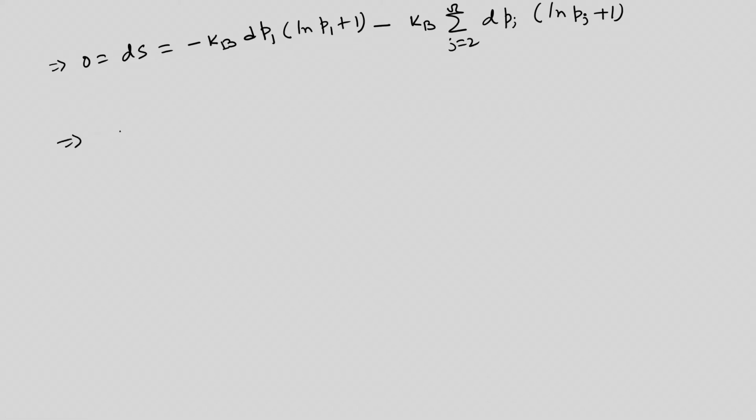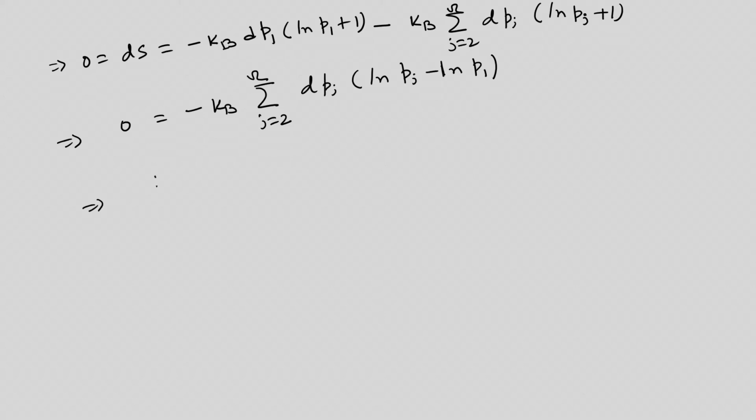So we get 0 is minus Kb, and if we further simplify, we get this, or ln Pj equals ln P1, or minus ln P1 equals 0, as dPj's are not 0.